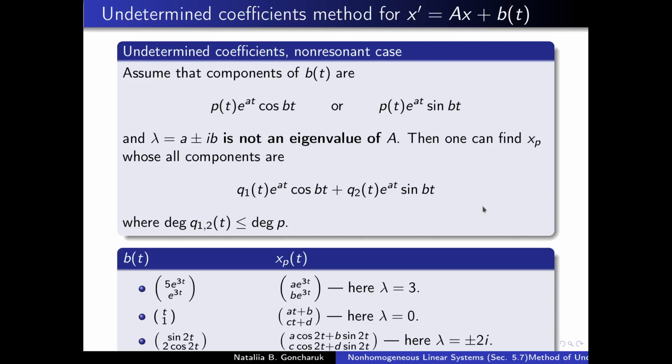Hello everyone, so we continue with the undetermined coefficients method, and I have already explained what happens in the non-resonant case, and now we have to discuss the resonant case.